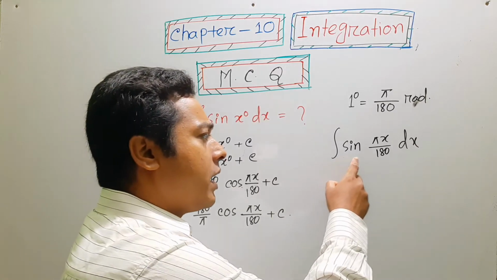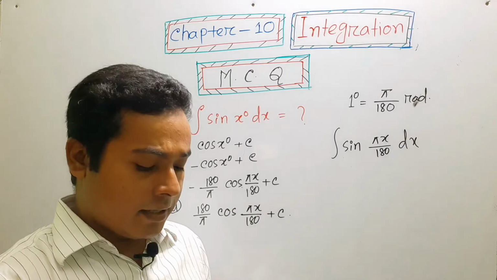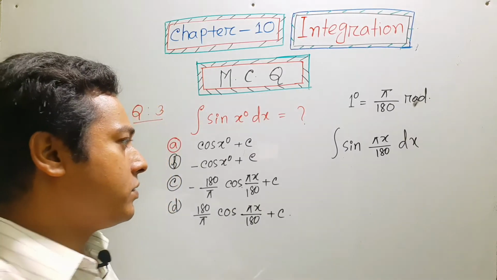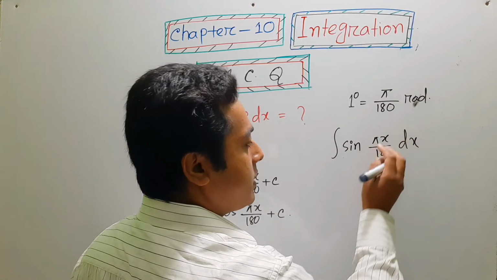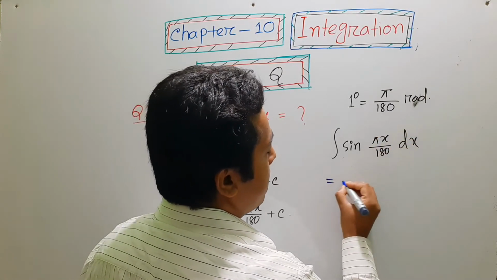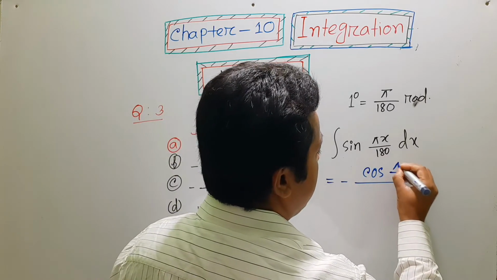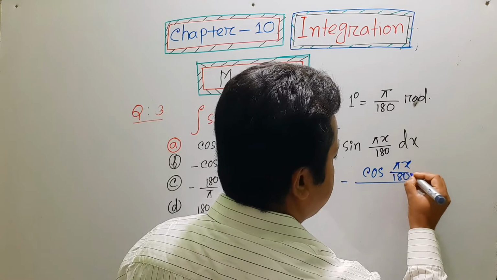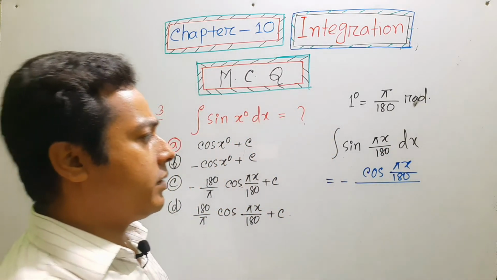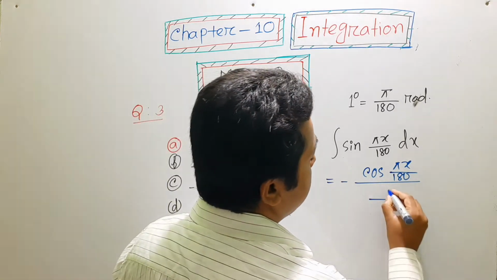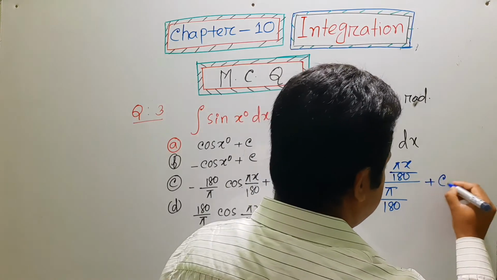Comparing with integration of sin x dx, which is minus cos x, according to this formula, here consider pi x divided by 180 as x, so minus cos of pi x divided by 180, and here the constant involved with x is pi divided by 180, so divided by pi divided by 180 plus c.